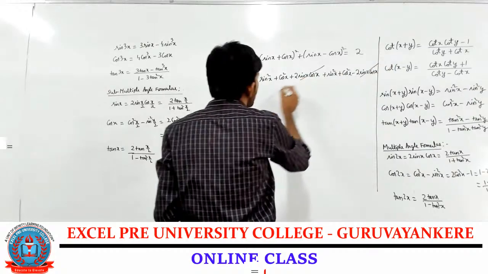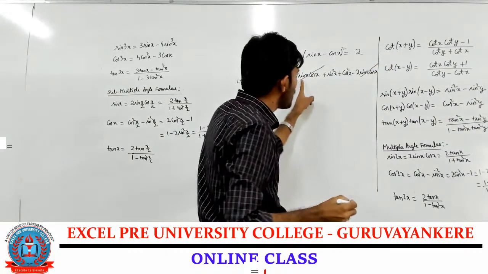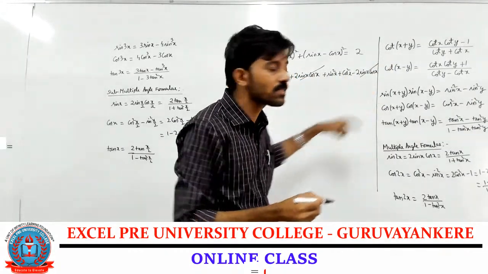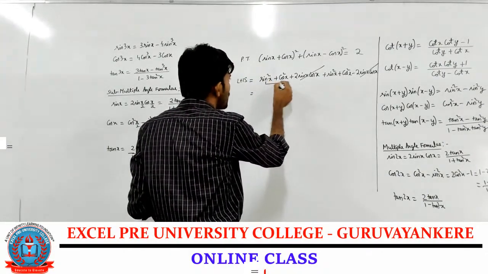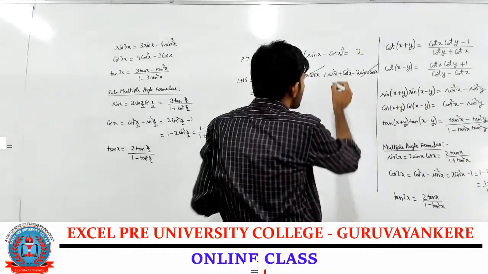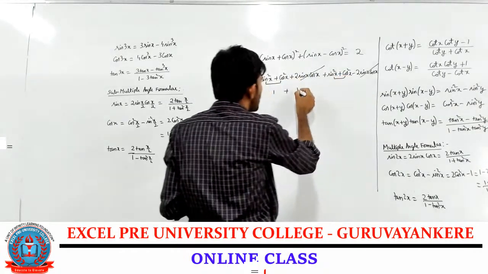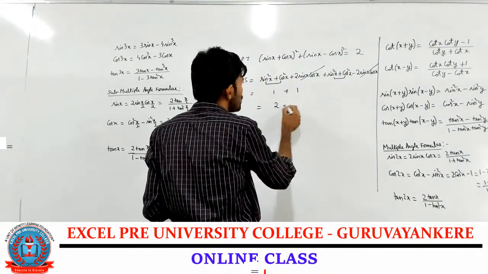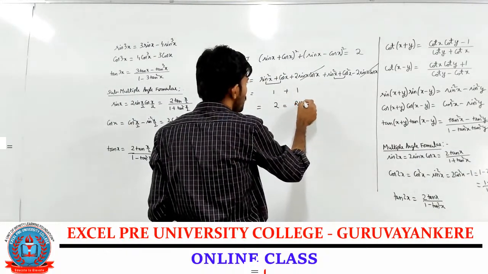This will cancel, the same terms with opposite signs cancel. We know that sin square x plus cos square x is 1, plus again sin square x plus cos square x is 1. 1 plus 1 becomes equal to 2, which is equal to RHS.